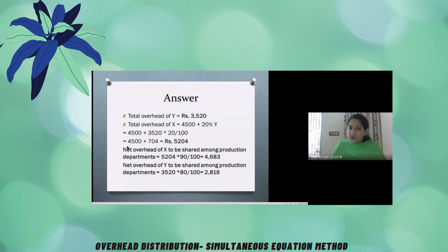When I solve that, I get the value of x, that is 5,204. So I got the total overhead cost of the two service departments x and y. For y, I already solved the equation and got 3,520. Then for x, I substituted my value in the algebraic equation and got 5,204.